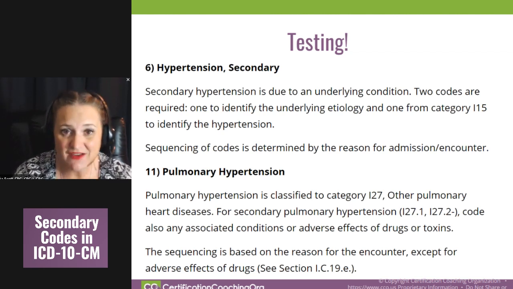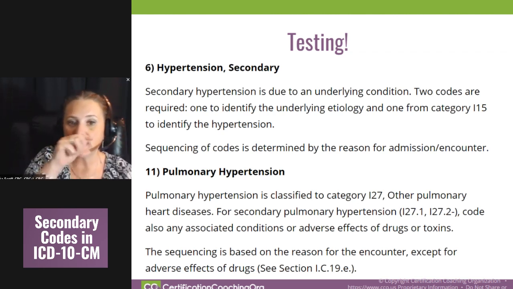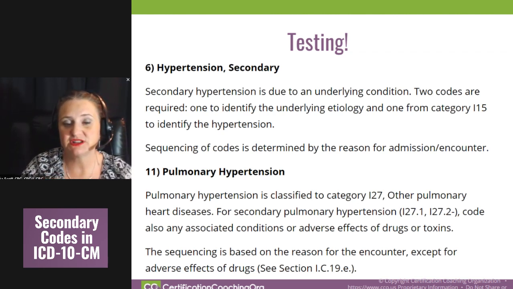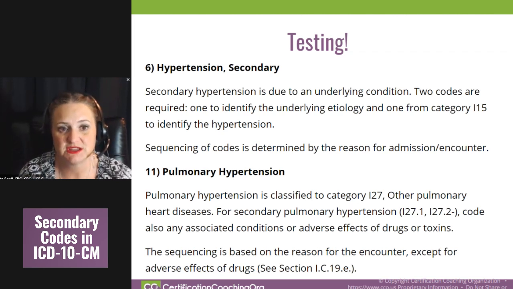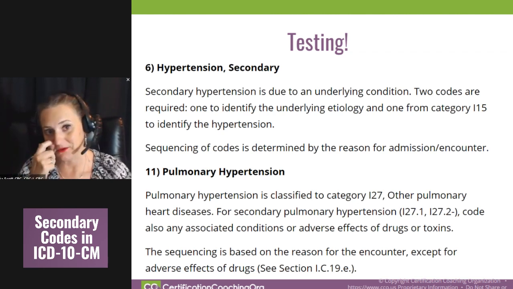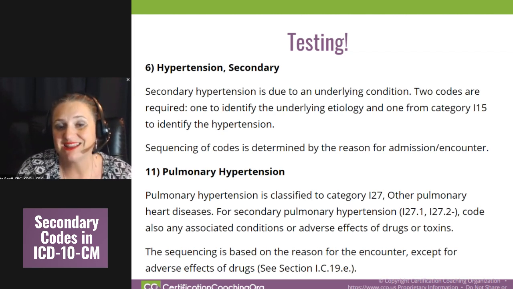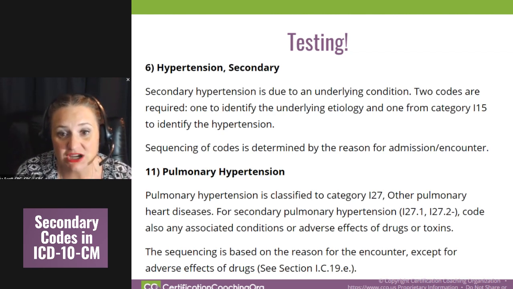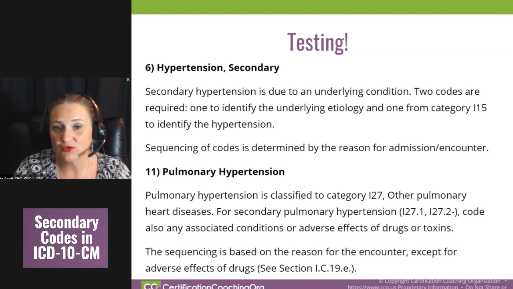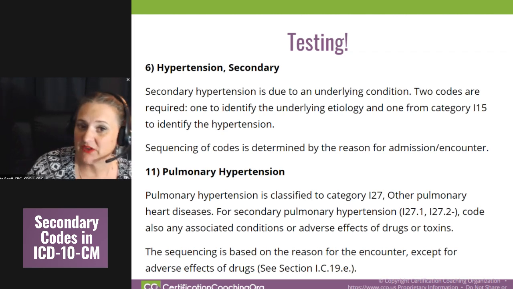Now, this is not a code, this is a condition, secondary hypertension, just like secondary diabetes. You wouldn't have hypertension if something else didn't happen, an underlying condition. So whenever you have secondary hypertension, first of all, it's telling you you're going to use two codes, one code and a secondary code. Don't get those confused because it's two separate things. One, to identify the etiology, what caused it, and then a code from I15, which is a specific type of hypertension.